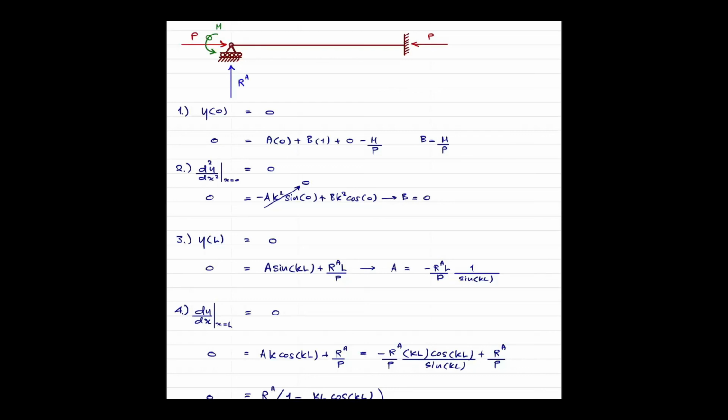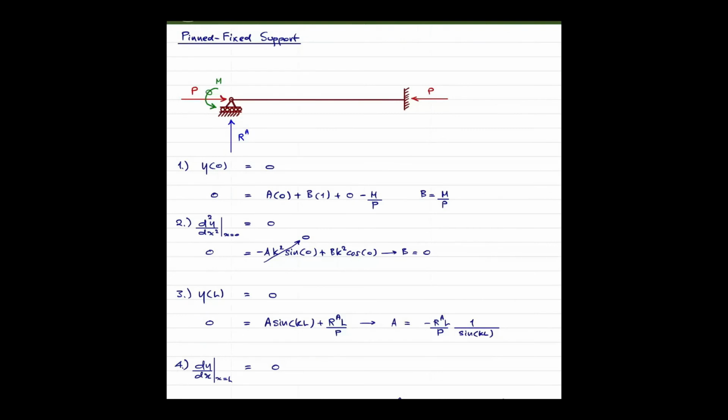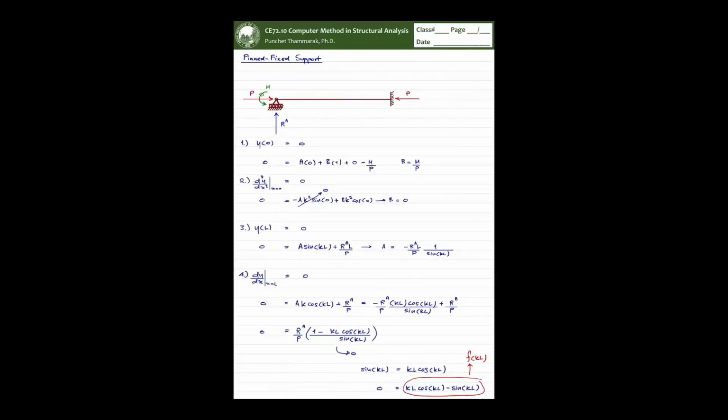RA will be infinity for sure when you solve, because the moment will be infinity at the base. RA will also be an infinite number. But let me check the deformed shape. A is a finite number, B is 0, M0 is 0, RA is there.